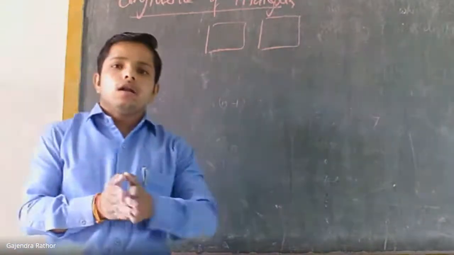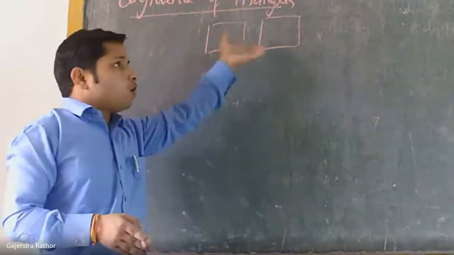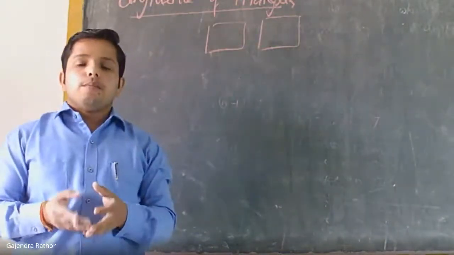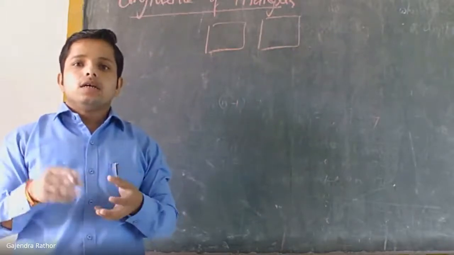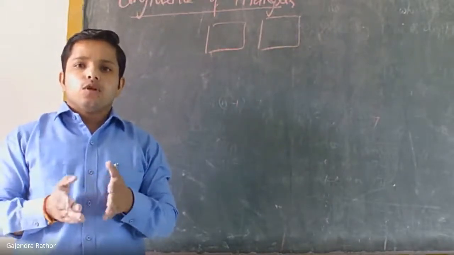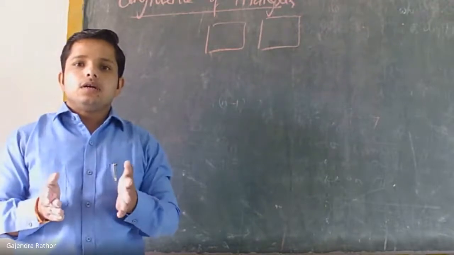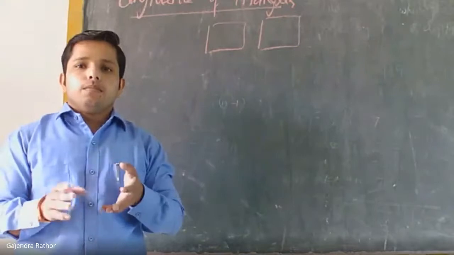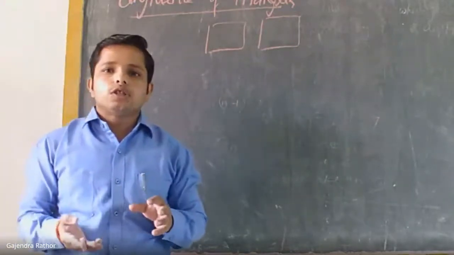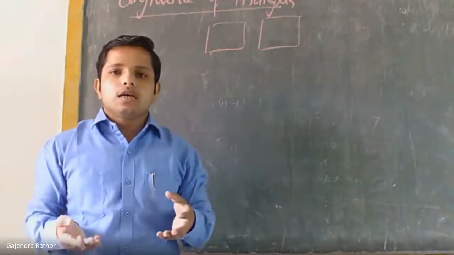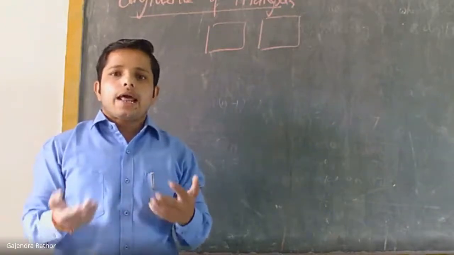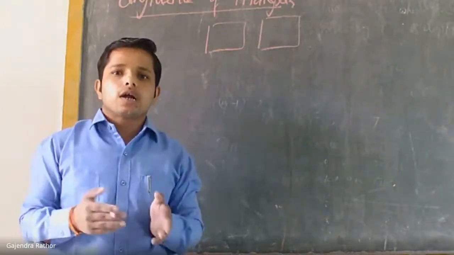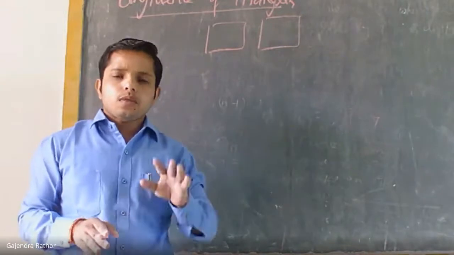But how can we identify, without superposing or tracing, that they will cover each other? So there is some property. By using this property, without superposing or tracing, we can find out whether triangles or some figures are congruent to each other.